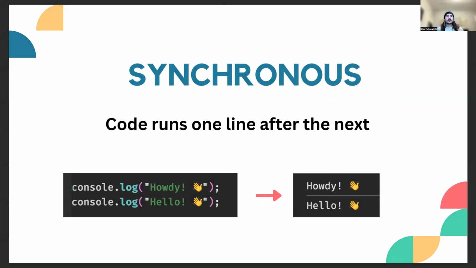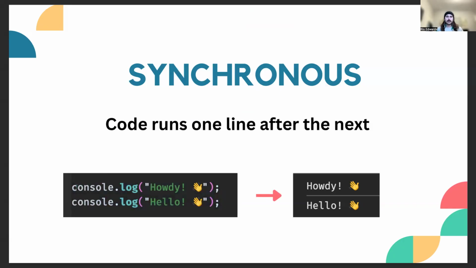I guess it's kind of a misnomer because your code isn't actually running all at the same time. It runs one line after the next. But what it means is when you run your application, all the code should run consecutively, one thing after the next. And that is how we have been learning to program.